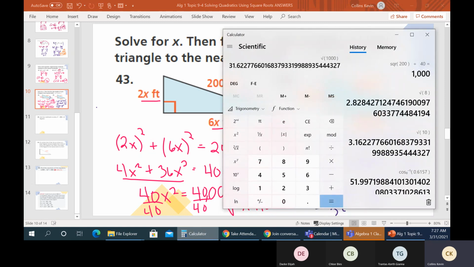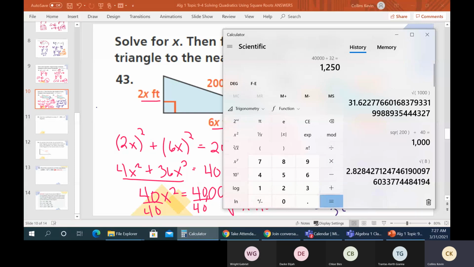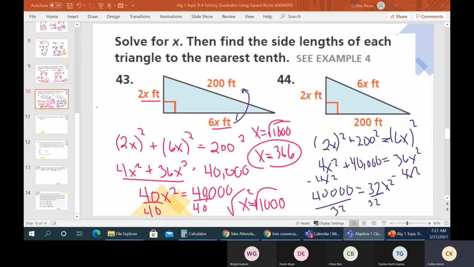All right, so 40K, and then divide by 32. It's 1250. So I guess we'll move up here. So we need x equals the square root of 1250.